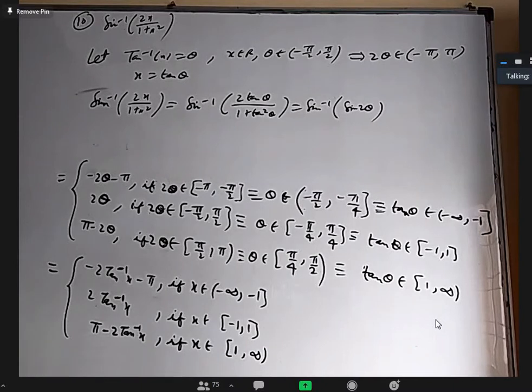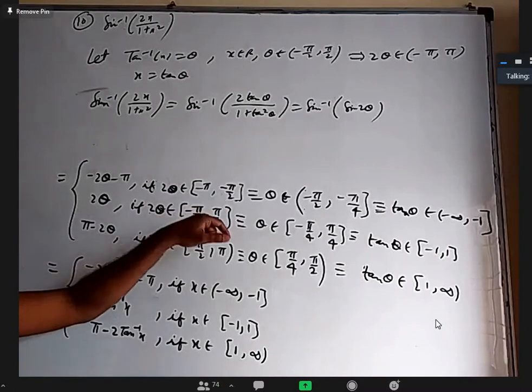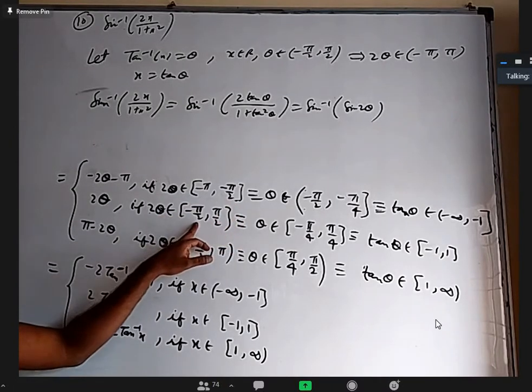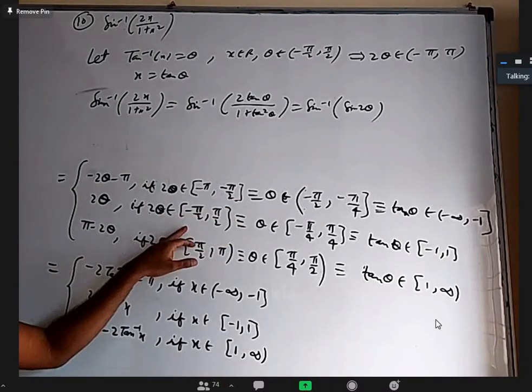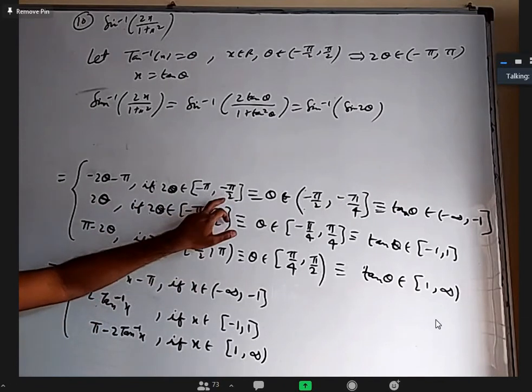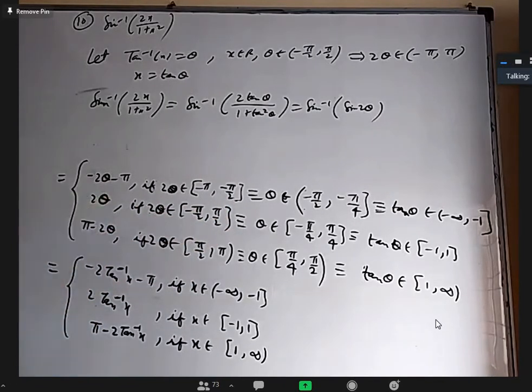Sir, after those, 2 theta equals minus 2 theta minus pi, if 2 theta is minus pi to minus pi by 2. Minus pi should be open bracket, no, sir? That's what I'm saying. Many times I'm writing closed here, closed here. One may ask, why is it defined at two places? What it means is, whether you take it here or here, both will give the same answer.